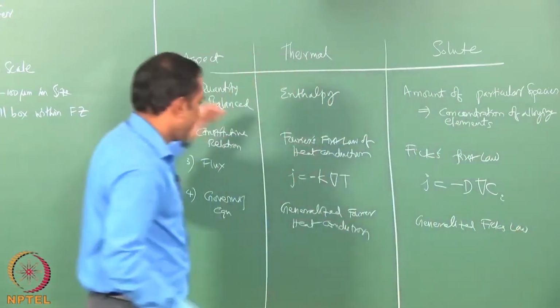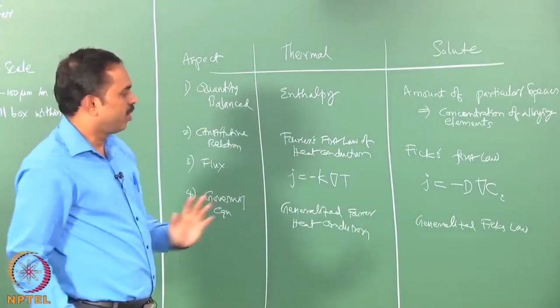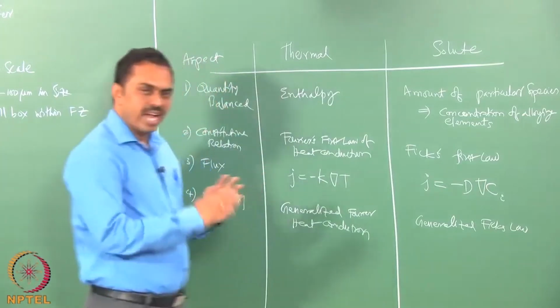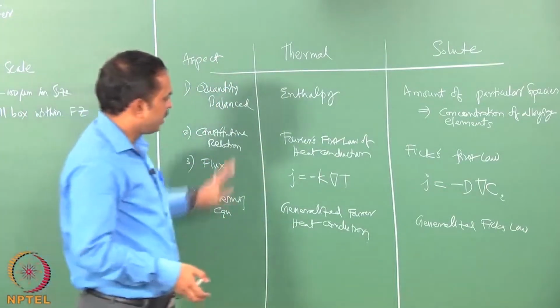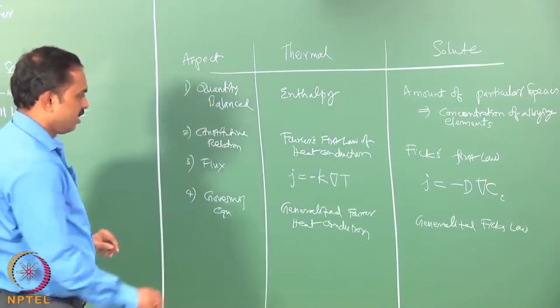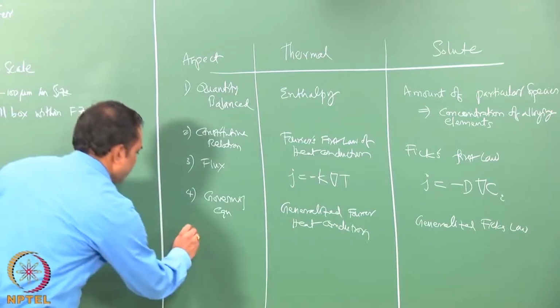So, in other words, there is a one-to-one mapping for both these phenomena, and therefore, if you look up the lesson on thermal modeling and if you remember the form of the equation, then you could just simply substitute the variables and look at how the equation should look for solute also.